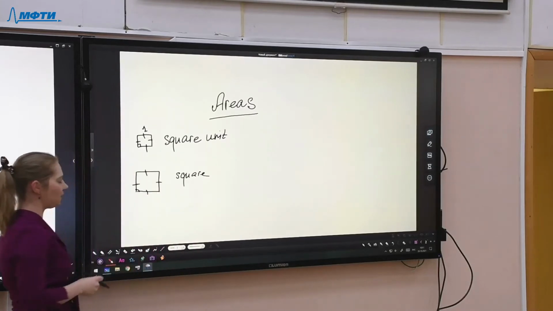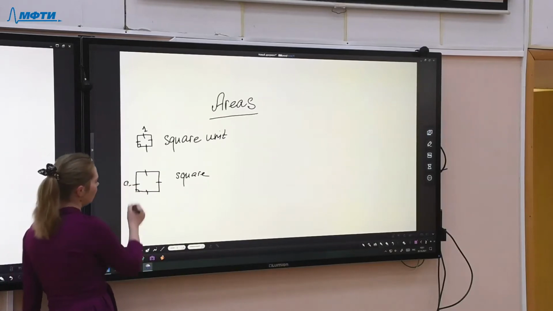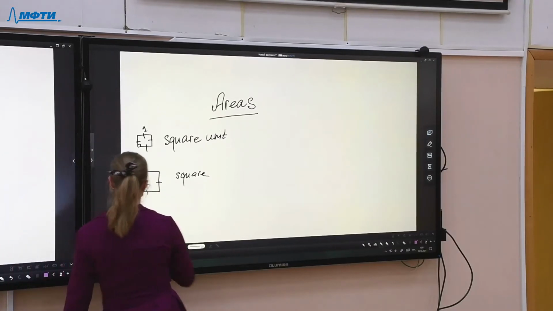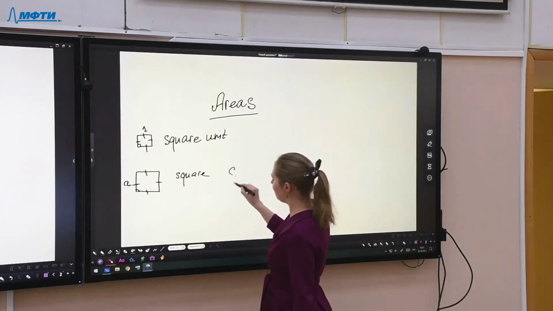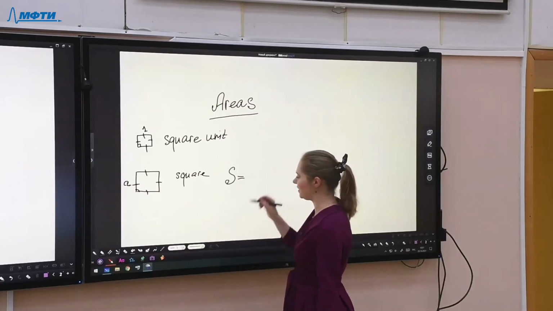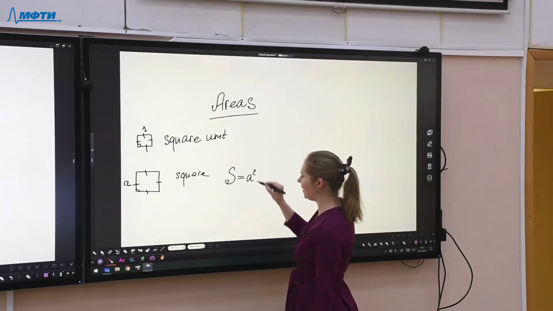Let the side of this square be A, and the area of this square is A squared.